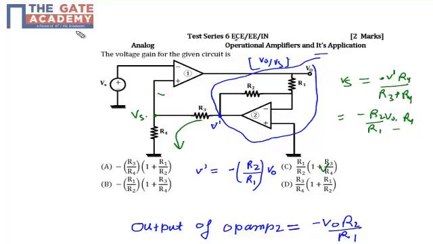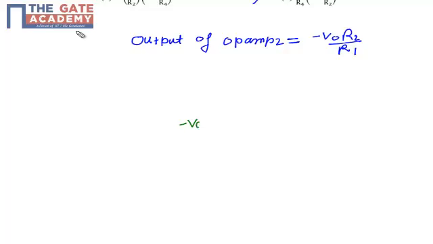So finally, Vs is equal to minus V0 into R2 upon R1 times R4 upon R3 plus R4.